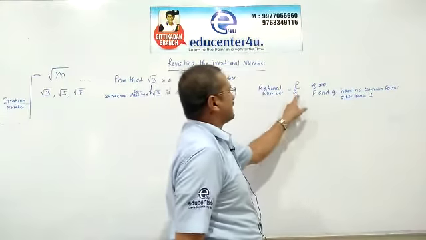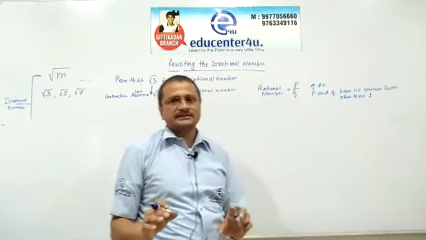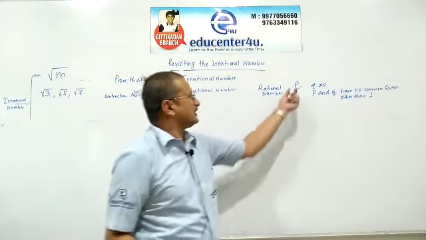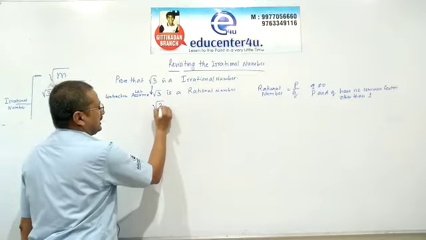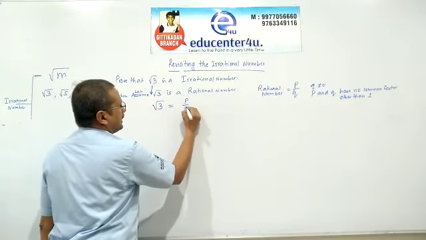Means these p and q have no factors in common. So we will take root 3 equal to p by q.